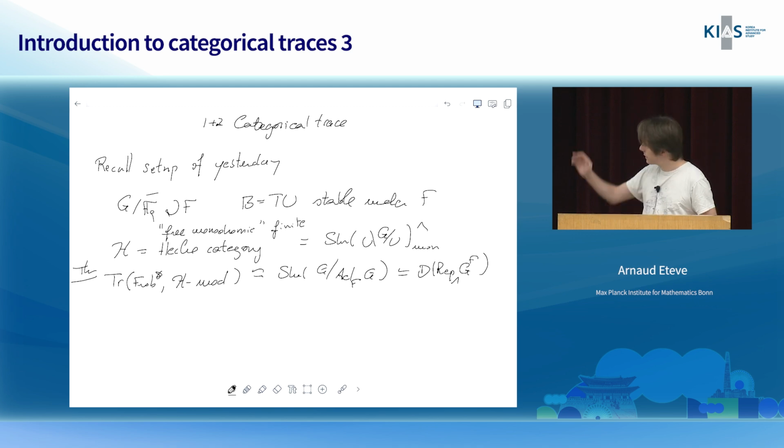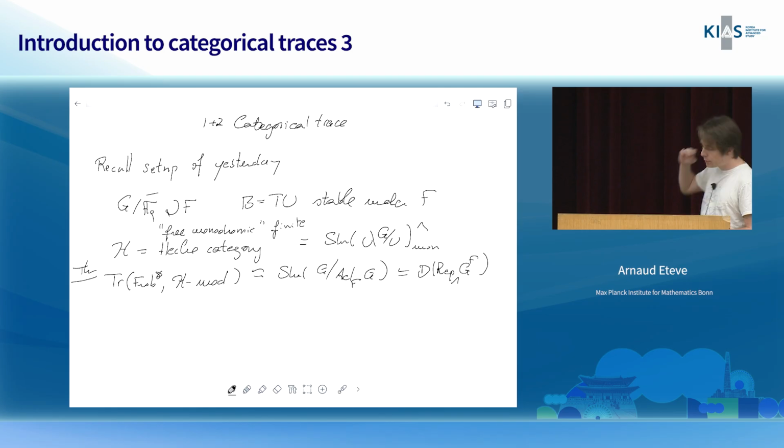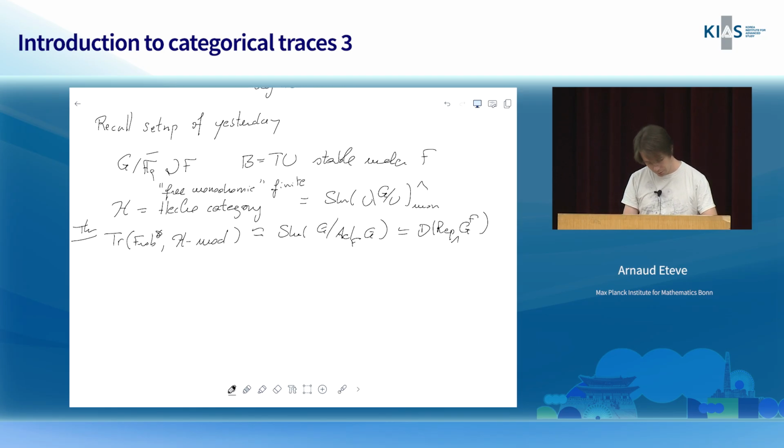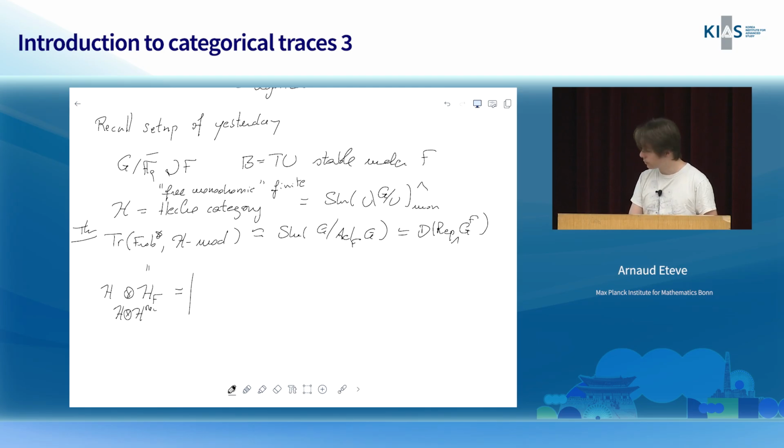Okay, and so I sketched the way you compute this thing. If you recall, this was H tensor H with Frobenius over H tensor H rev, and it was the totalization of some category.